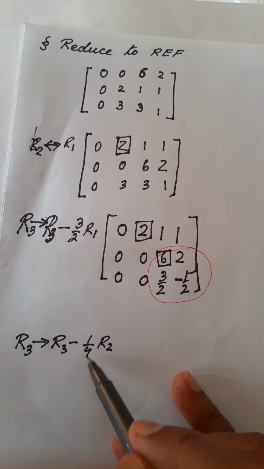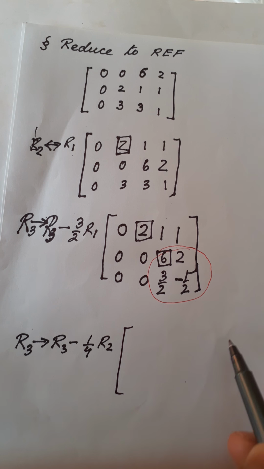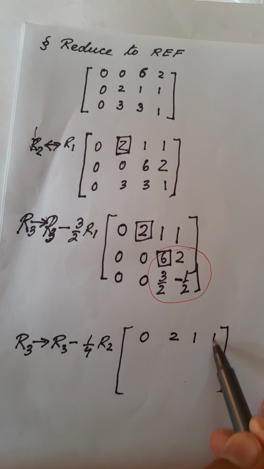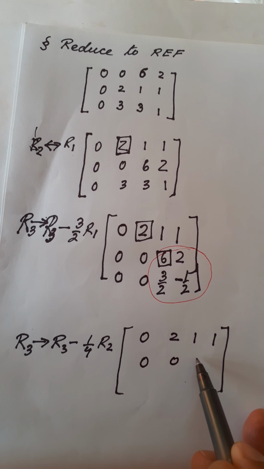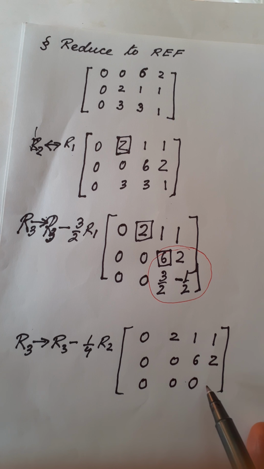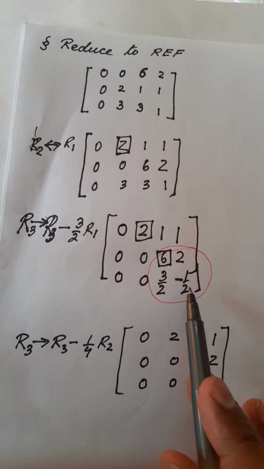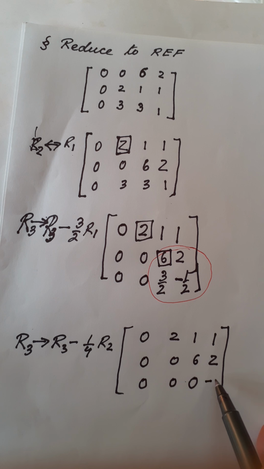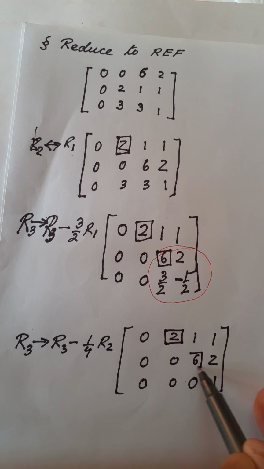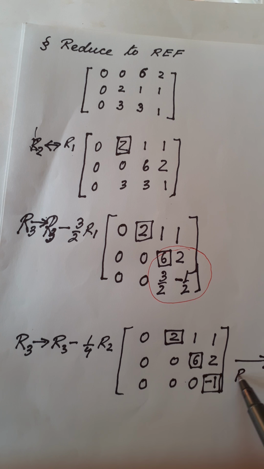And that makes it 0, 2, 1, 1, 0, 0, 6, 2, 0, 0, 0, and this entry is going to be minus 1. So the first pivot is 2, the second pivot is 6, and the third pivot is going to be minus 1. So this is the required row echelon form.